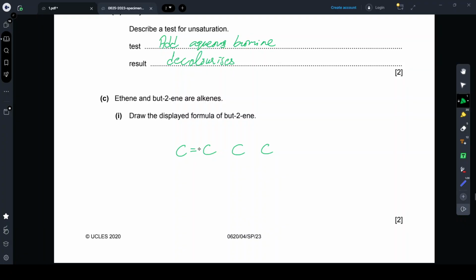Yeah, so you got a double bond between the first two carbons. Before the first carbon, there will be a hydrogen with a single bond. Is this what you're talking about? Yeah. And single bonds between the carbons? Yeah. Is wrong.